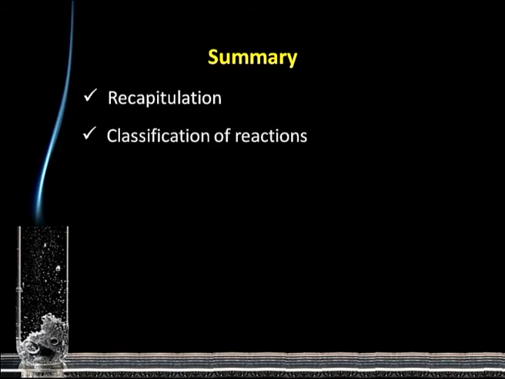Factors affecting rate of reaction we have discussed, and then we tried to establish a relation between the rate of reaction and concentration, which is called the rate law. Now, it is possible to classify the reactions on the basis of two terms. One, order of reaction. This term order is borrowed from mathematics.